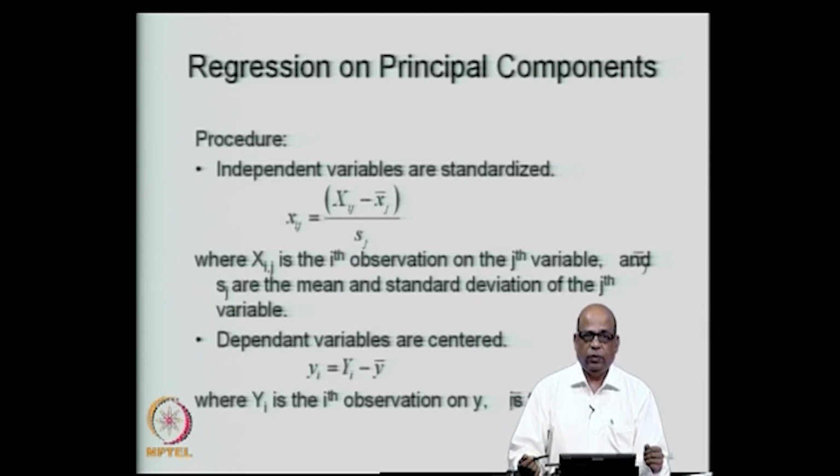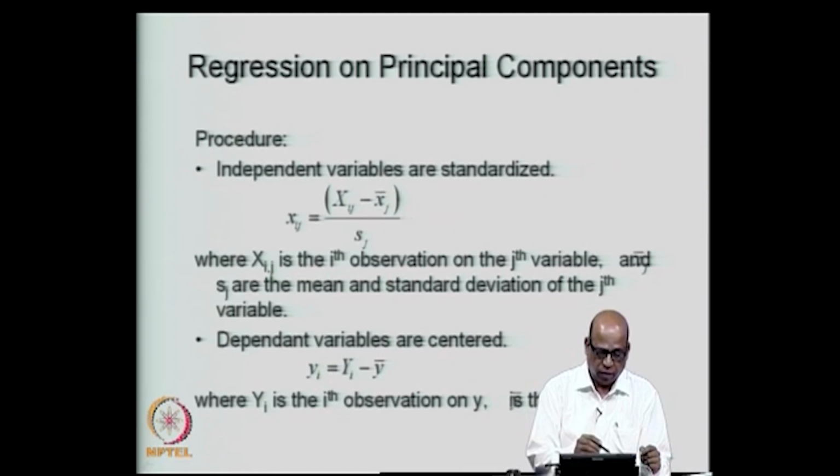What do we do in this? There are p independent variables here, and for each of the p variables you have a number of values available with you. For example, i is the ith observation of the jth variable. So, you may have j equal to 1 to p variables.